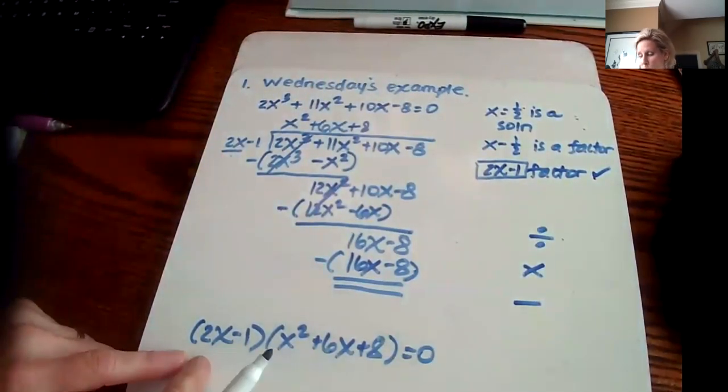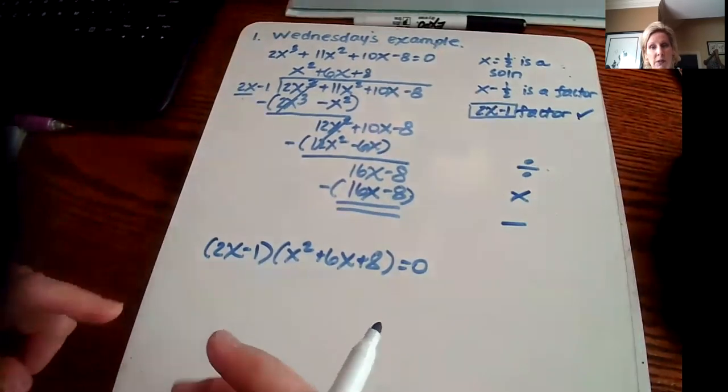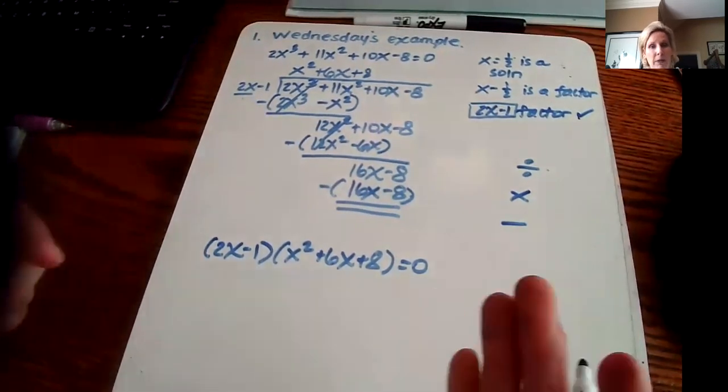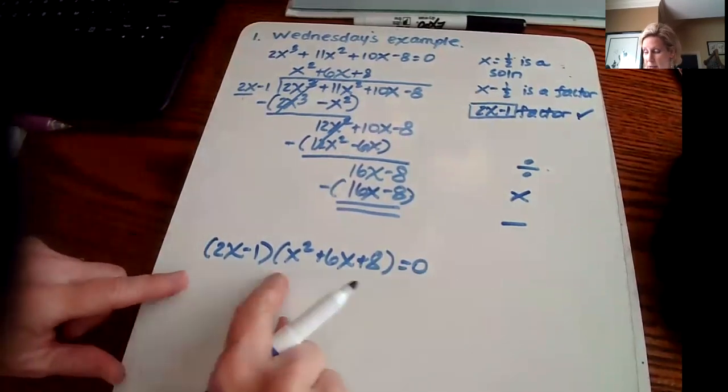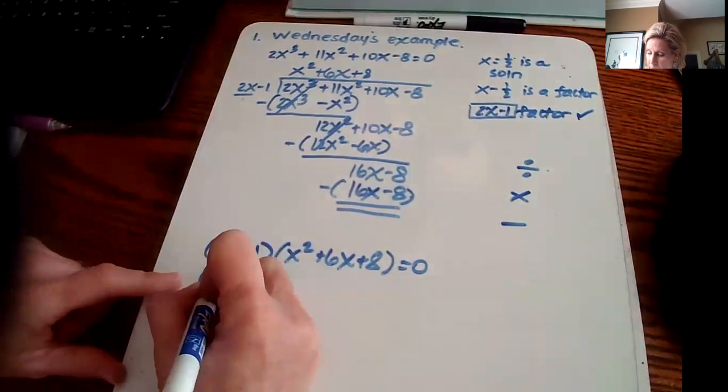Guys, this is what you got on the other problem, but this time you didn't have to do the balancing act. So you can either do synthetic division, which is faster, but then account for the balancing act, or you can do long division and not worry about the balancing act.